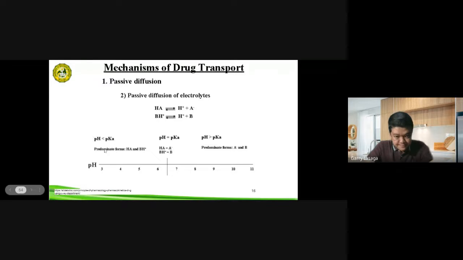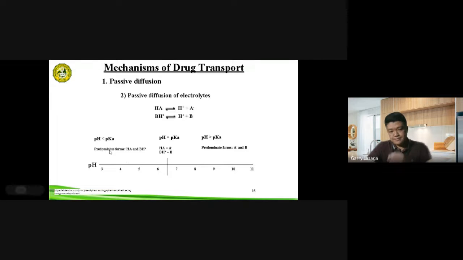So when we say again, pKa, that is the pH wherein the proportion of the ionized to the unionized form of the drug, whether it is a weak base or a weak acid, is equal to 1.